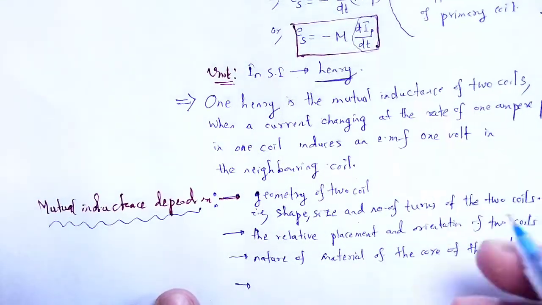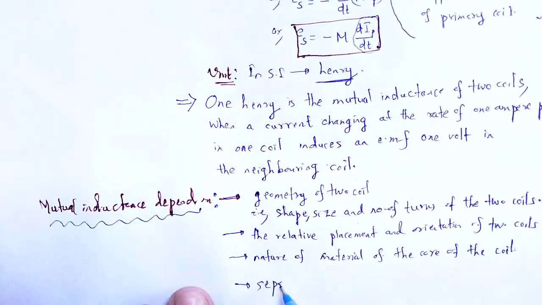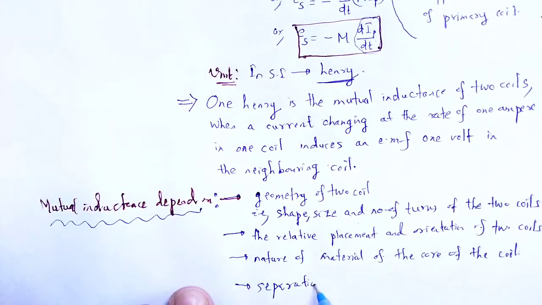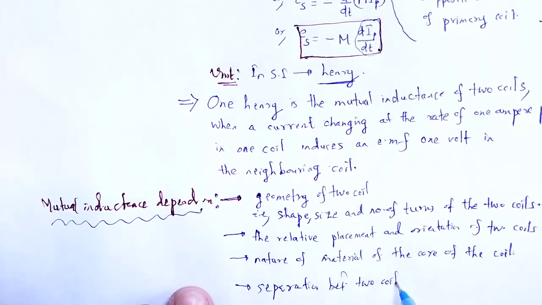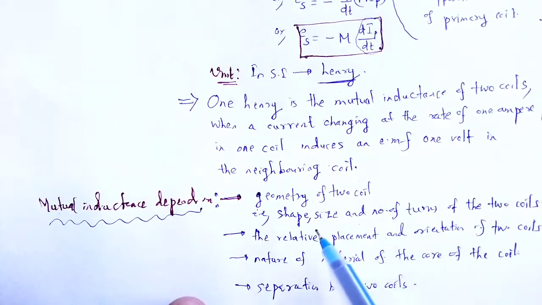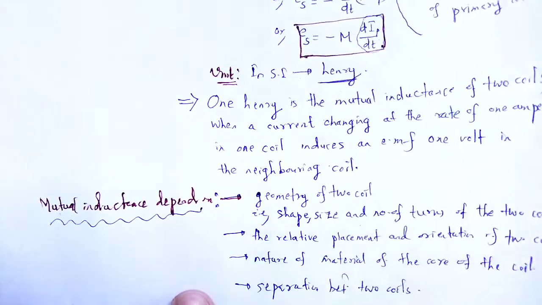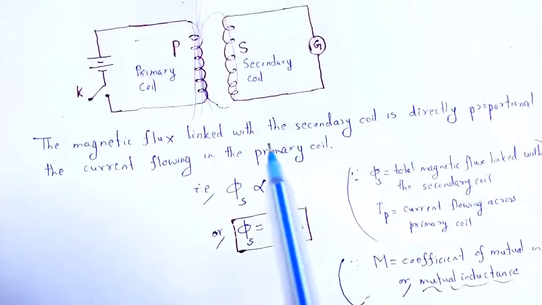Next, the separation between two coils. These are the factors on which mutual inductance depends.